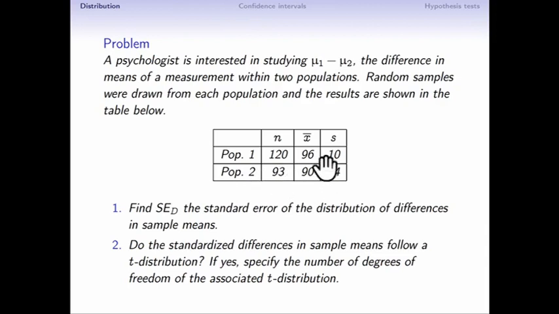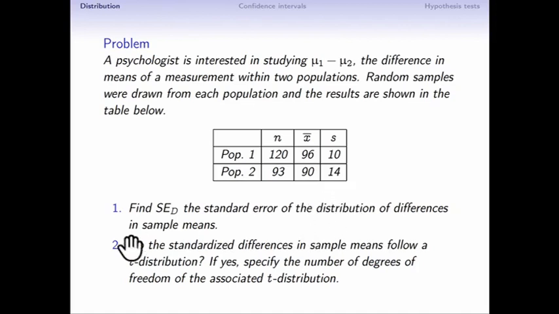Within that population, whatever measurement was being studied had an average value of 96 and a standard deviation of 10. Okay? Within population 2, there was a sample of size 93. That same measurement within population 2 had an average value of 90 and a standard deviation of 14.